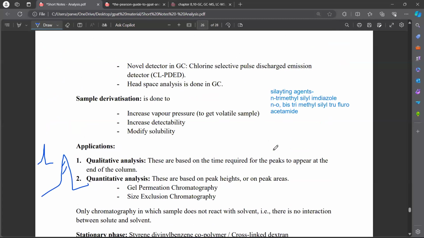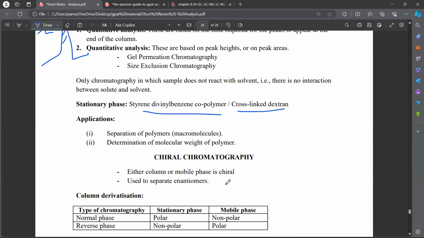Proteins, peptides. Great, guys. Another one is the chiral chromatography. In chiral chromatography, either the mobile phase or the column is chiral, and it is used to separate the enantiomers.